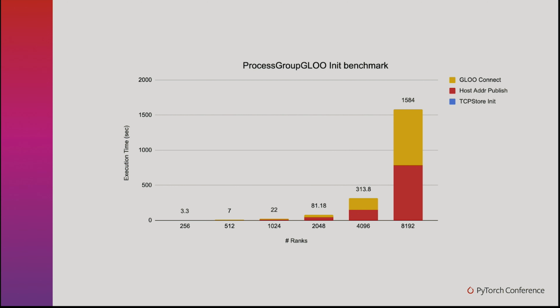This number is okay for a job startup, because usually the job fails and needs restart in a day or in like 20 hours. So 20 minutes startup is okay for every 20 hours.